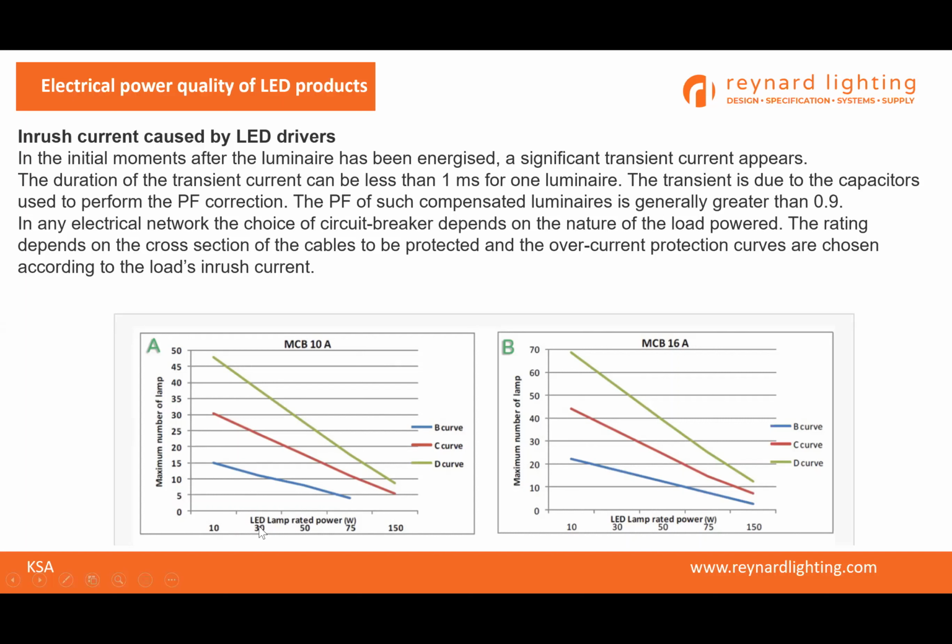Let's say your luminaire is 30 watts and you are using a B-type circuit breaker rated 10 ampere, so the maximum number of lamps you should use is about 10. If the power is more, of course, the number will be less. In this case, you will be assured that there will be no problems later on, no circuit breaker tripping.